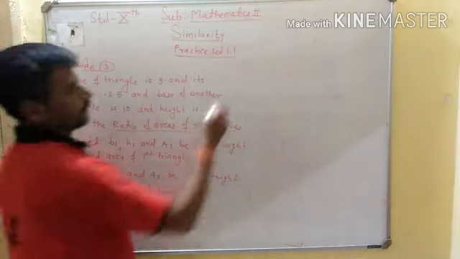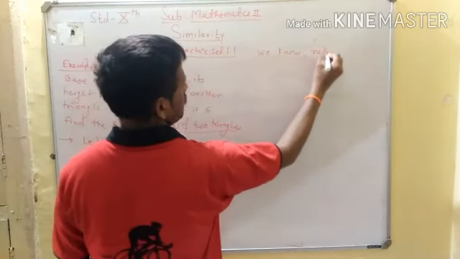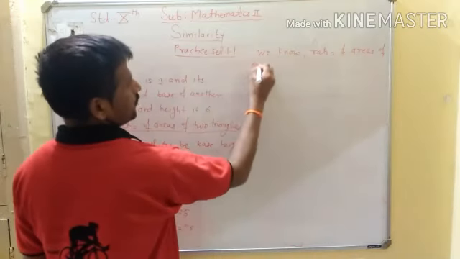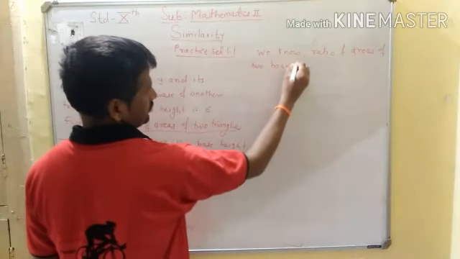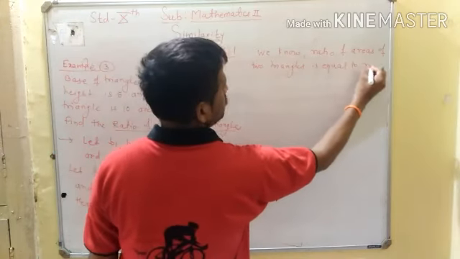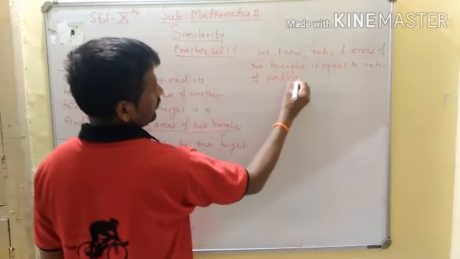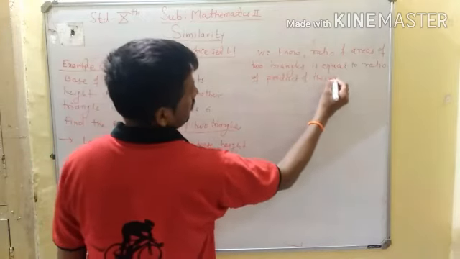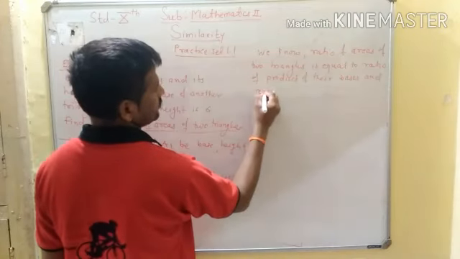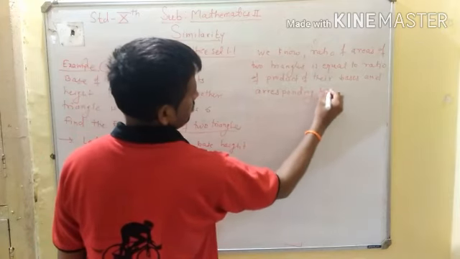Then we know a ratio of areas of two triangles is equal to the ratio of product of their bases and corresponding heights.